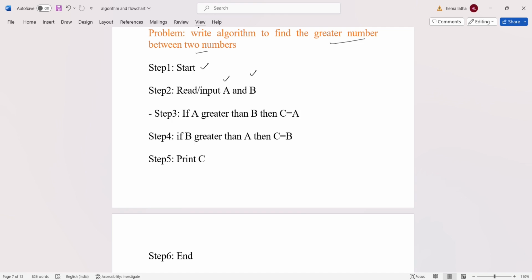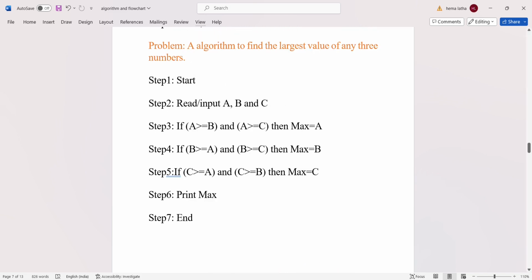If A is greater than B, we are taking another variable also, C. So if A is greater than B, then A should be given to C, or otherwise if B is greater than A, then C is equal to B. Okay, so whichever is the highest number will be stored in C as per the condition. Finally we have to print C, end. So these are the steps involved to find the greater number between two numbers.